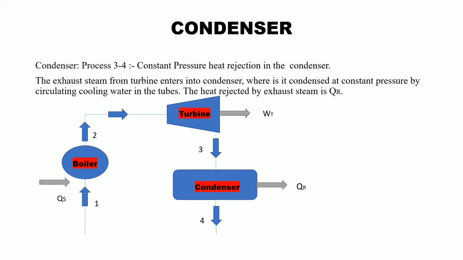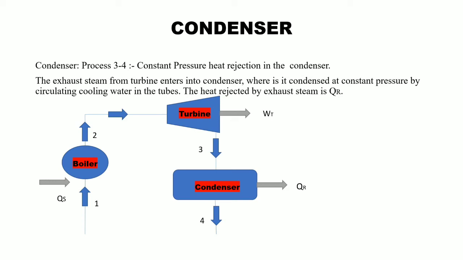Then after the second process, it is process 3 to 4. It is the constant pressure heat rejection in the condenser. Means the third component is the condenser. So the condenser is one type of heat exchanger device, and it is used to reject heat to the atmosphere.